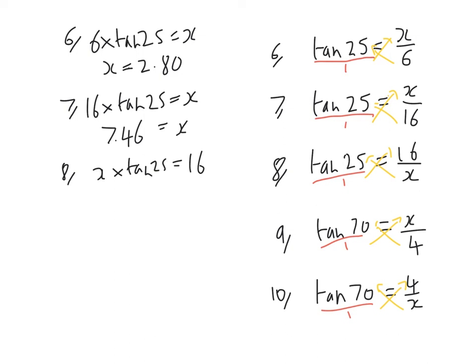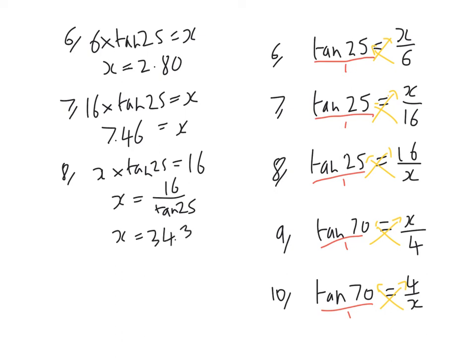And hopefully you can remember what we do when you had multiplied x by a number. You had to then divide by the number that x was multiplied by. So x is going to be 16 divided by tan 25. And that gives 34.3.